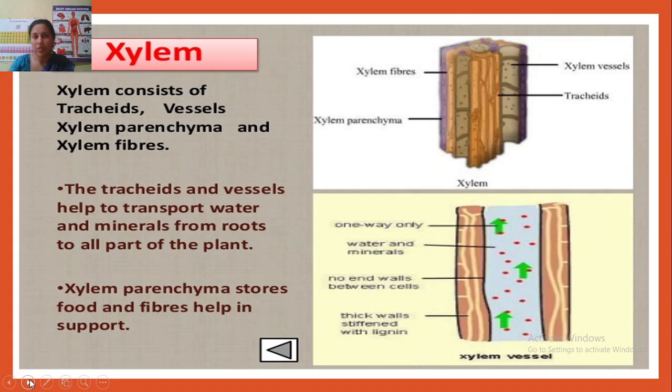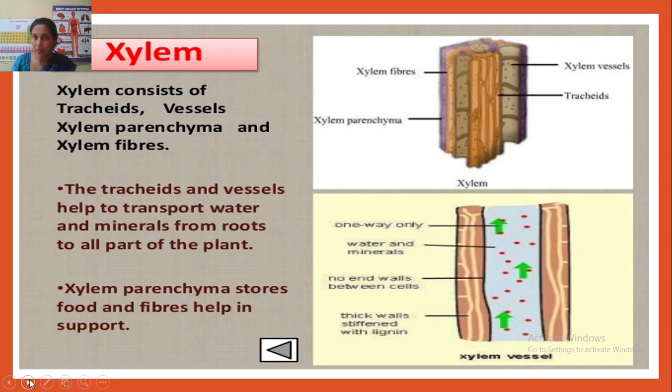We all know the transportation of water and minerals throughout the plant is going to be in this xylem tissue. So if you look at this xylem tissue, basically it consists of 4 cells.